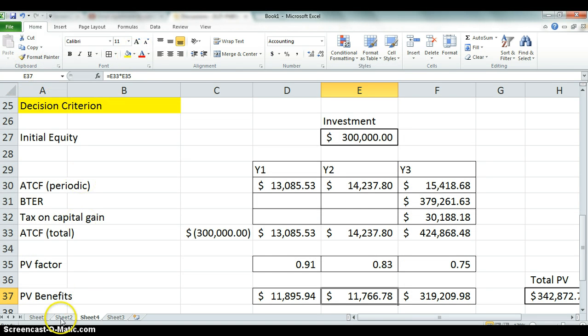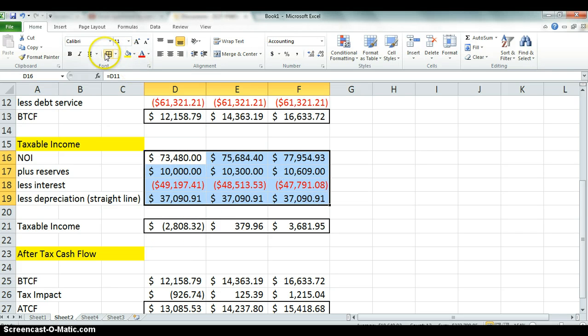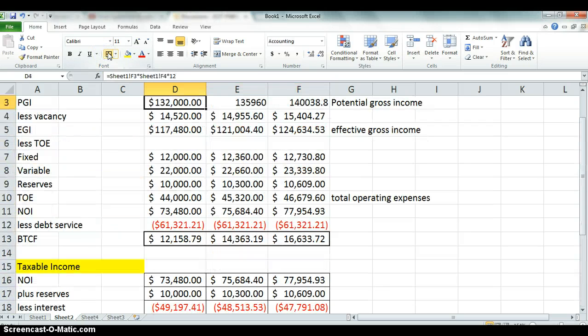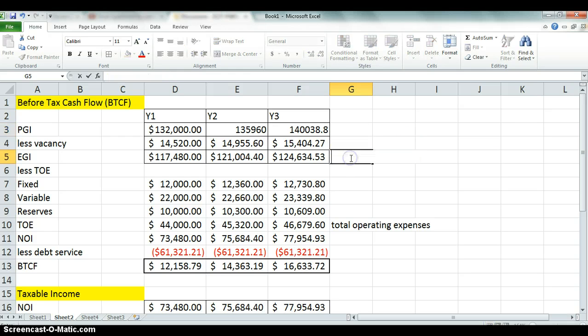Now for sheet number 2, we can also do the same thing, make tables for all of these values we have calculated. Now that we know what this means, we can get rid of this.